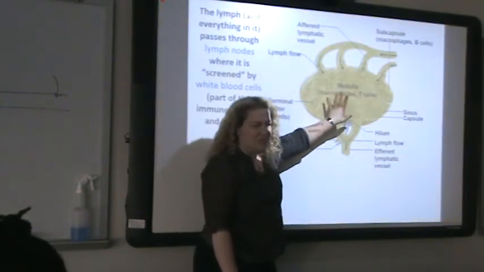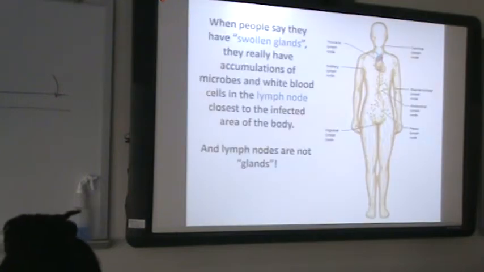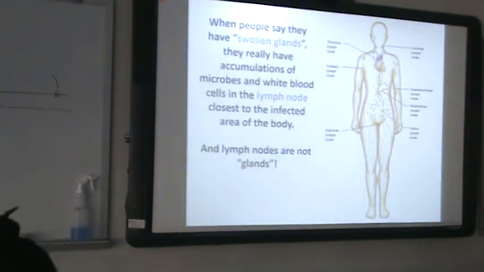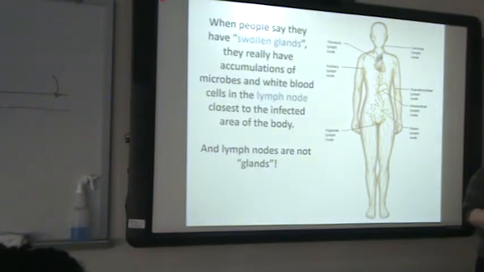That's generally what lymph nodes are doing for you. There are also in the general public a concept of swollen glands, and there are probably some people that talk about lymph nodes and swollen glands and don't realize they are the same thing.